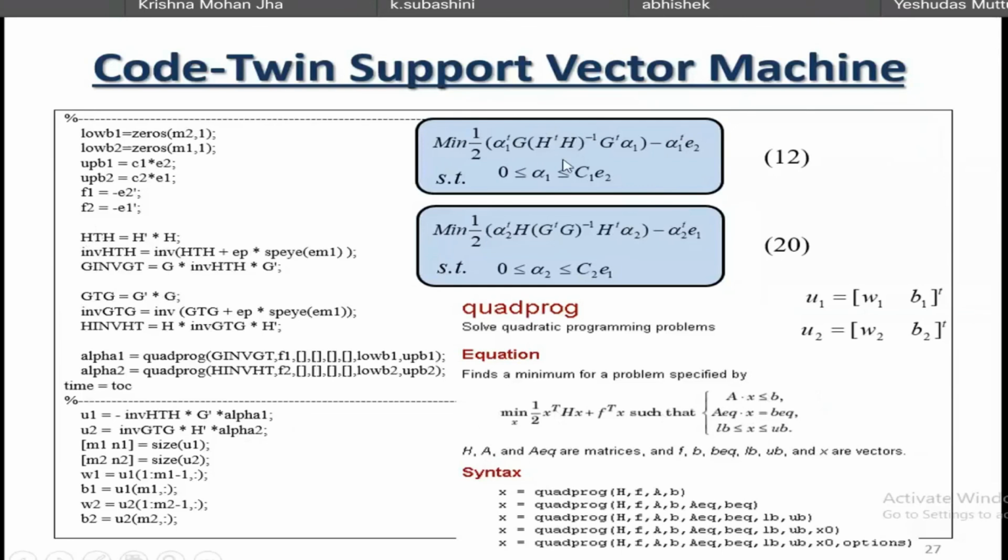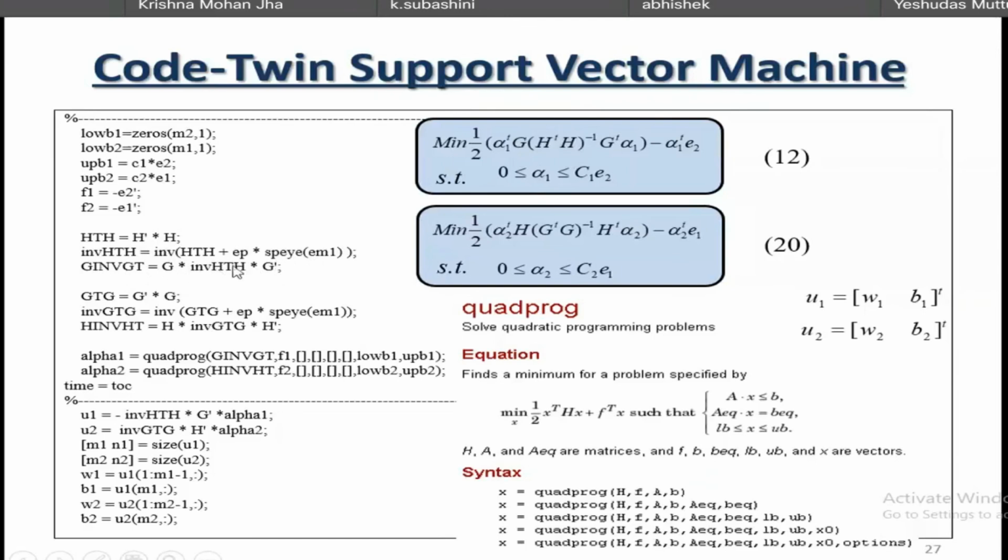So here, G H transpose H inverse G transpose, first you just make it as H. How can you calculate it? It's a simple thing. You already know H transpose H, so I just assume this is H transpose H. The inverse of H transpose H is given by this one, and then G times that inverse times G transpose. So that is given by G H transpose H inverse G transpose.